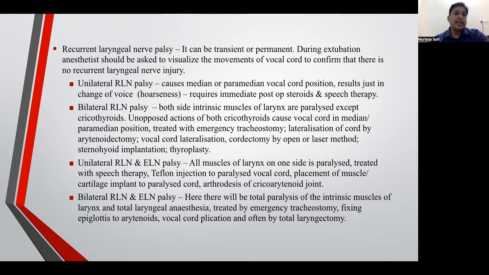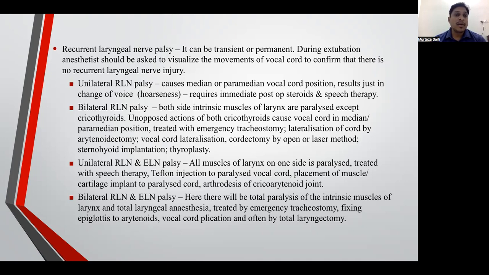Then there is bilateral recurrent laryngeal nerve palsy. On both sides, the intrinsic muscles of the larynx are paralyzed except the cricothyroids. Then the unopposed action of both cricothyroids causes the vocal cords to lie in median and paramedian position, treated with emergency tracheostomy.